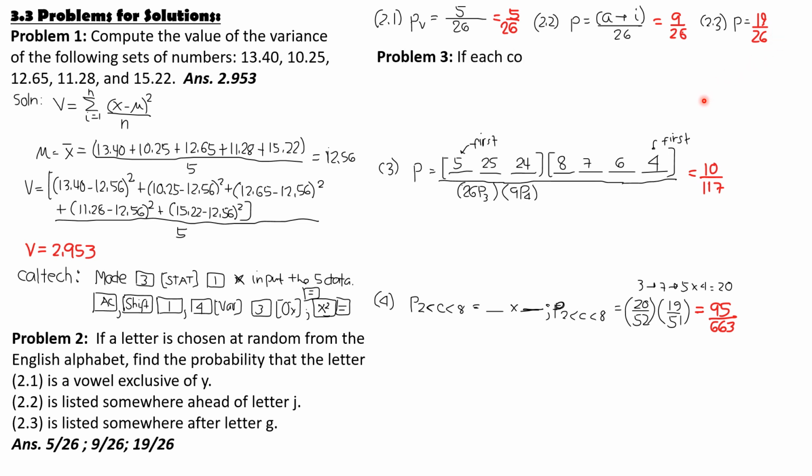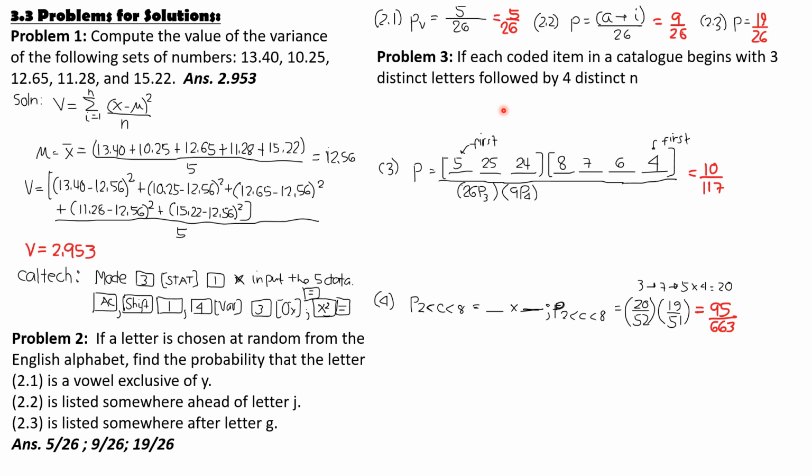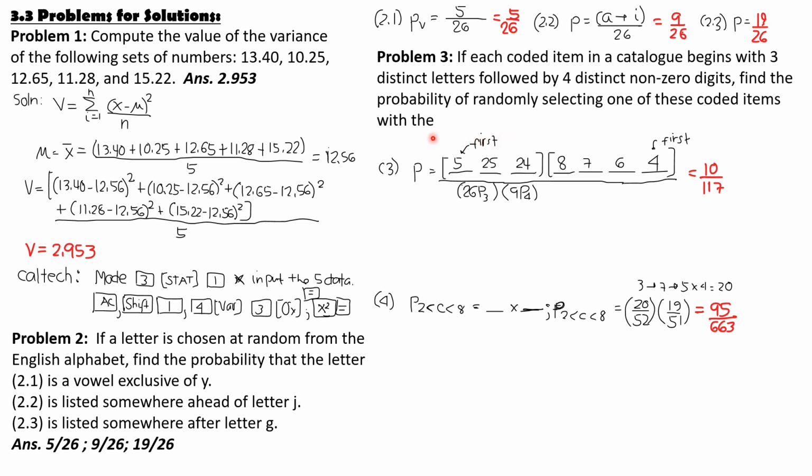Problem 3. If each coded item in a catalog begins with 3 distinct different letters followed by 4 distinct non-zero digits, find the probability of randomly selecting one of these coded items with the first letter a vowel and the last digit even.